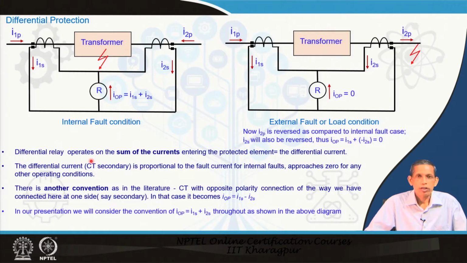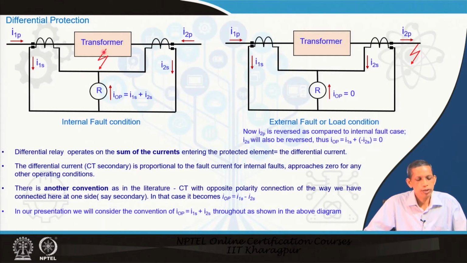We see that the differential relay operates on the sum of the currents entering the protected element, and that we term the differential current. The differential current at the CT secondary level is proportional to the fault current for internal faults, and approaches 0 for any other operating condition.